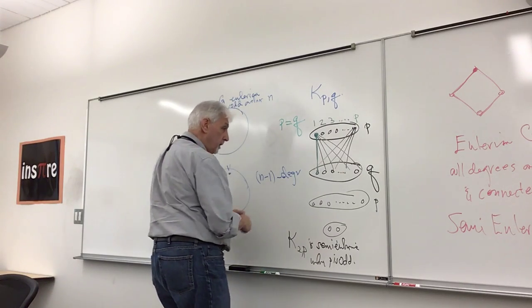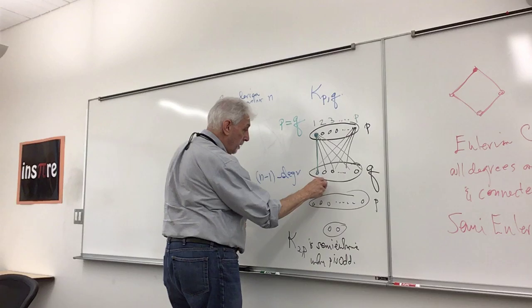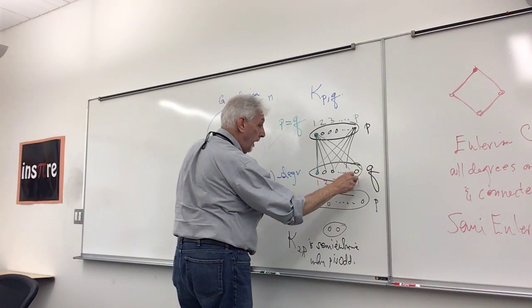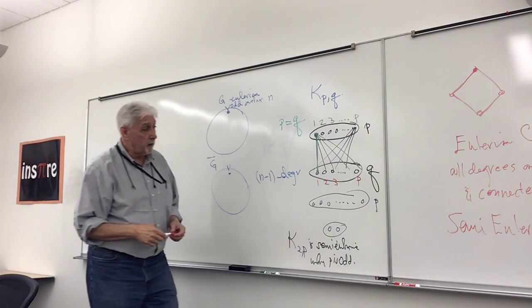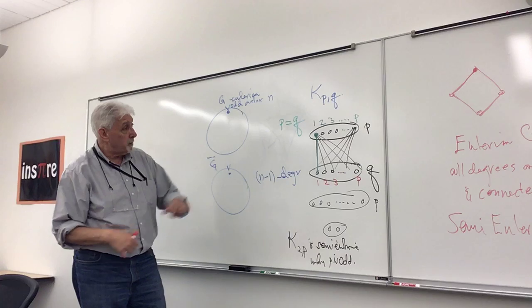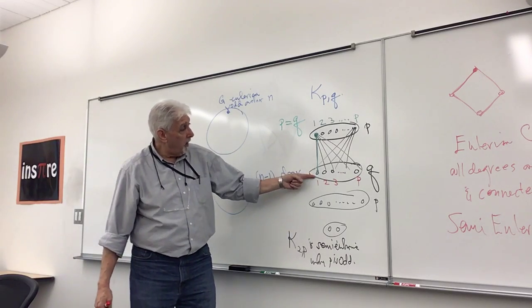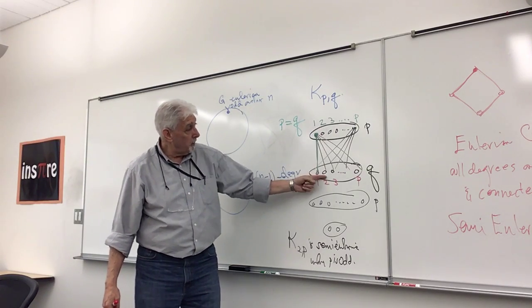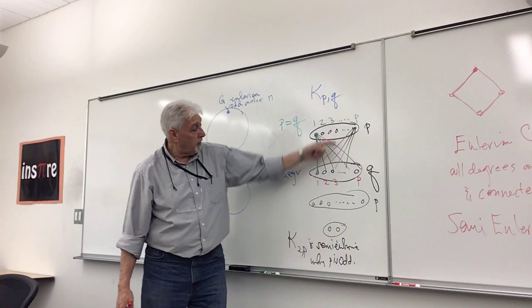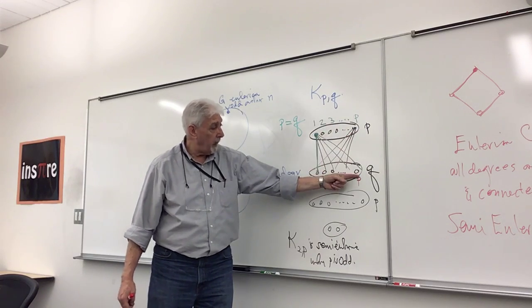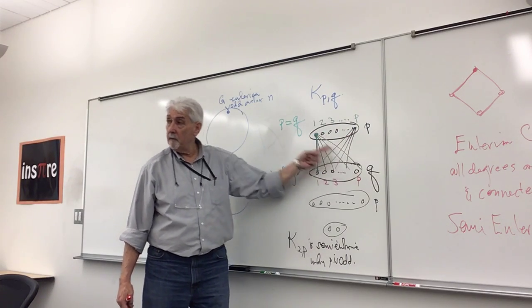So P is equal to Q, then I have the same number of vertices at each side. So I'll go 1 to 1, to 2 to 2, to 3 to 3, to 4 to 4, to 5 to 5, to P, and then back to 1.